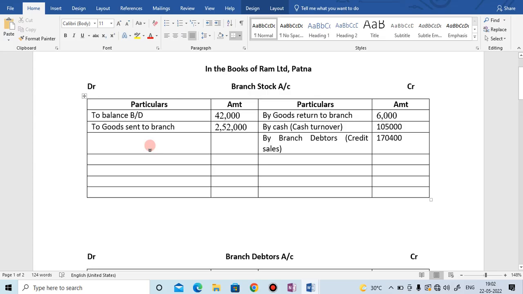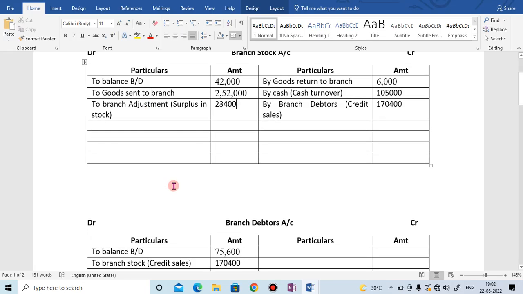So in debit side of branch stock account, to branch adjustment, reason surplus in stock 23,400.